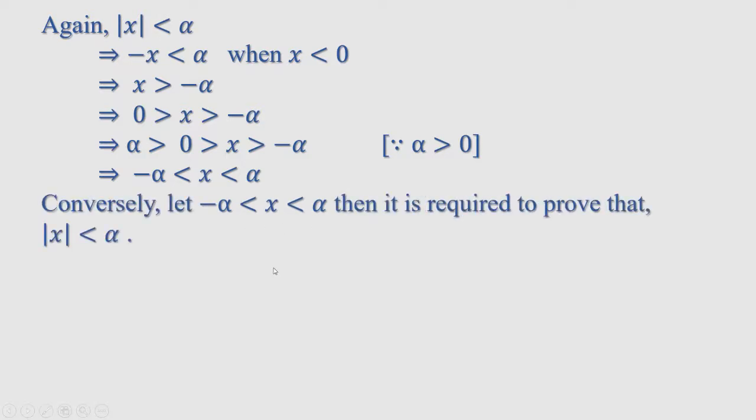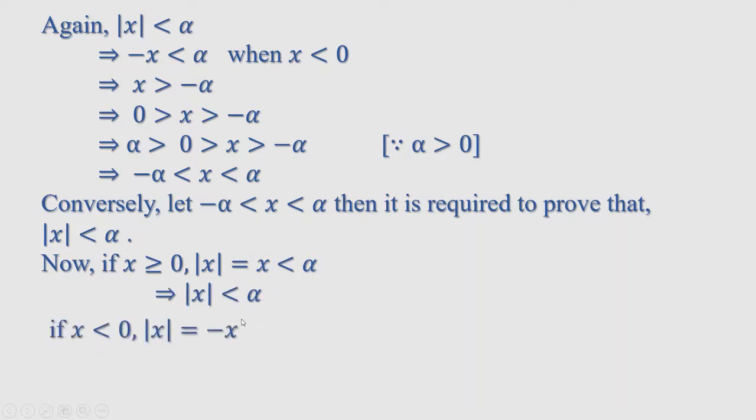Now conversely, let minus alpha less than x less than alpha. Then it is required to prove that modulus of x less than alpha. If x is non-negative, then modulus of x equals x, and x is less than alpha, so modulus of x less than alpha.